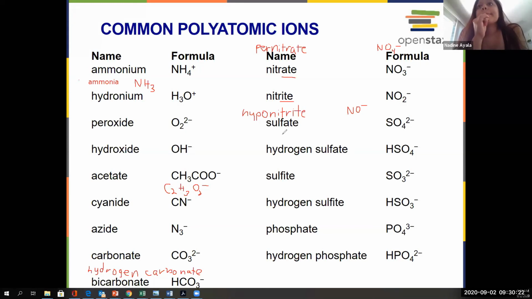So if I wanted persulfate, how many oxygens would I have? And what would be the chemical formula as a whole?